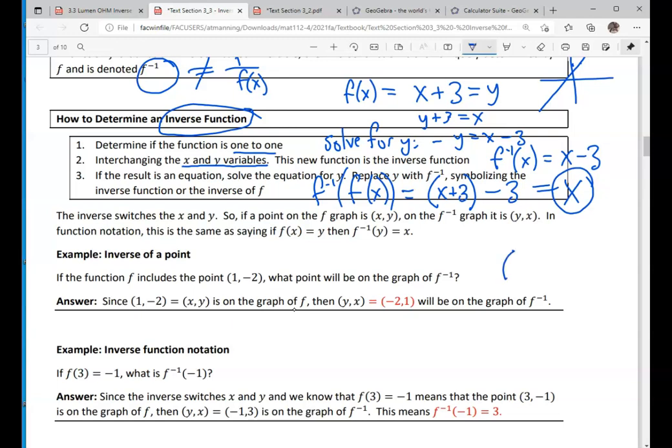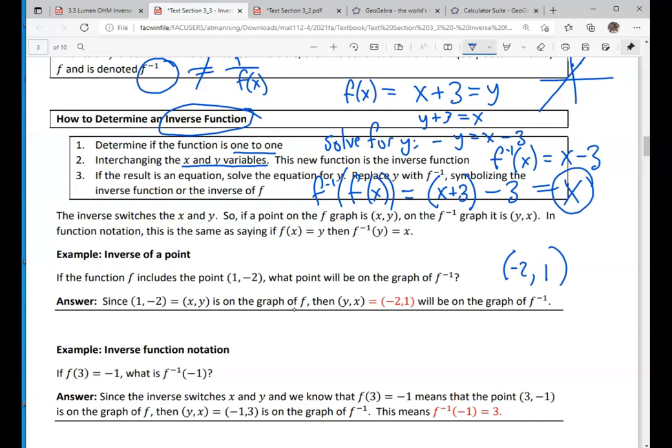I know that negative 2 will take me back to 1 for my inverse function. If I only know about 1 point on a function, and that could even be my only relation, I know that if I start with 1 and I get to negative 2, then to go the other way, if you gave me negative 2 as my input, the inverse function would take me back to 1.